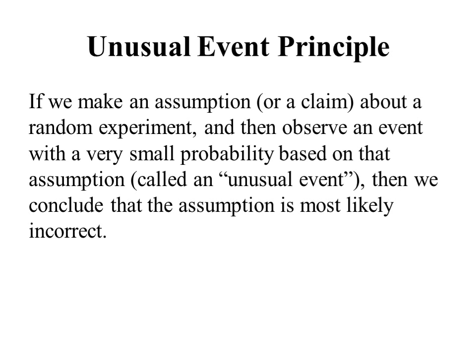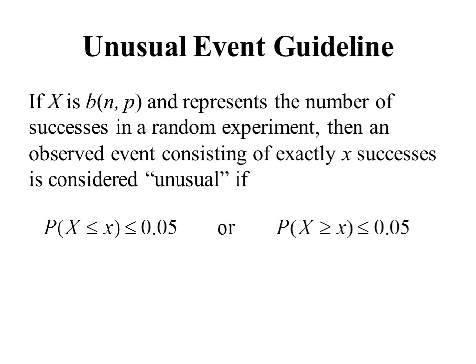Now, the next thing we might ask ourselves is, well, just what do we mean by a very small probability? Well, we're going to state that here in the unusual event guideline, which says that if x is binomial and represents the number of successes in a random experiment, then an observed event consisting of exactly x successes is considered unusual if one of these 2 inequalities is true.